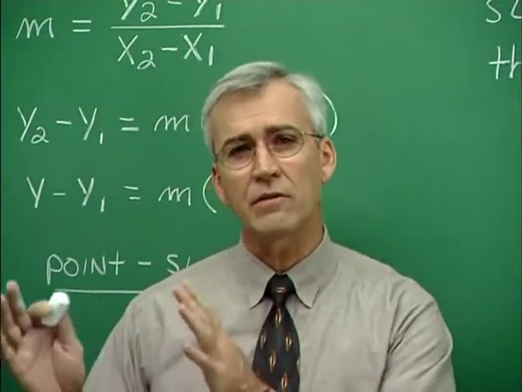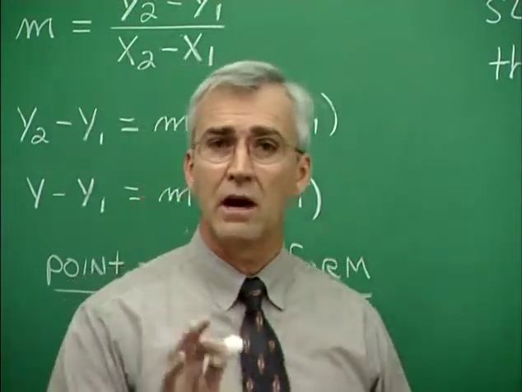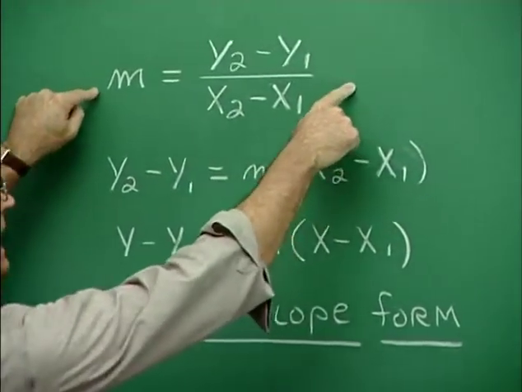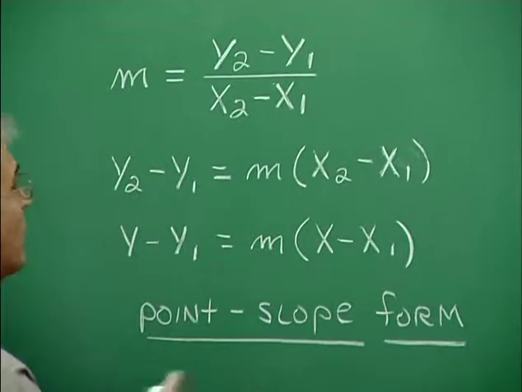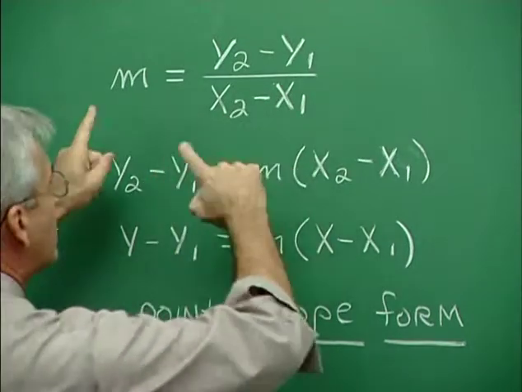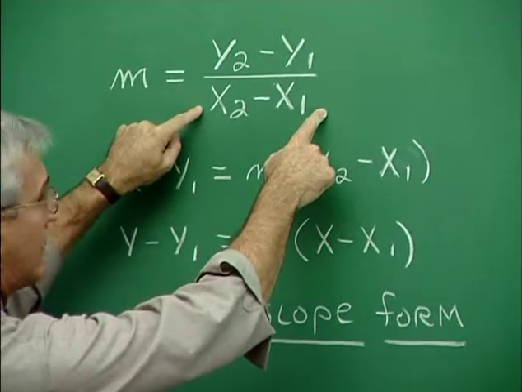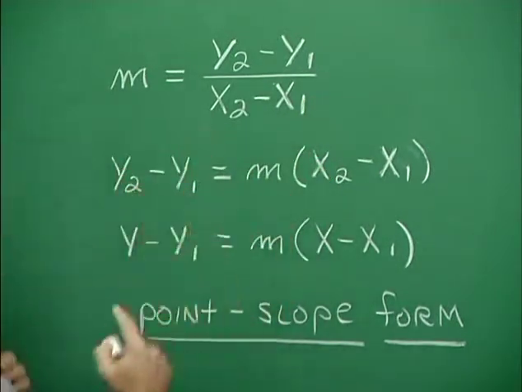And now we're going to take graphical information and generate equations. That process involves taking the slope formula and manipulating it a little bit into a different form. I'm going to change the form here by clearing the fraction, multiplying through by the common denominator, or I can think of it simply as cross-multiplying.